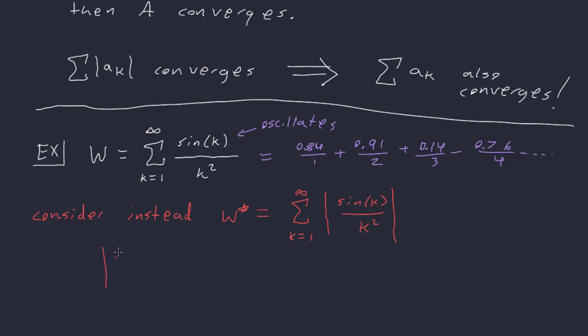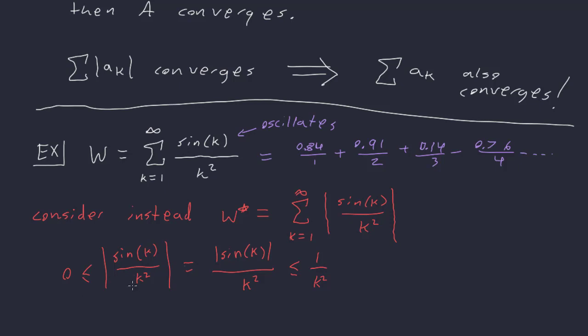Now, the denominator is always positive, so I can drop the absolute value bars there. And sine itself is trapped between -1 and 1, so its absolute value is always less than or equal to 1 over k squared. Now we can use the direct comparison test because this is completely positive.